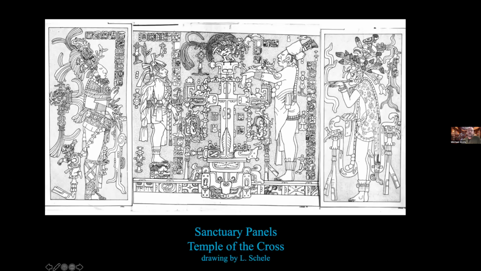So this is showing Linda Schele's drawing of the central cross, which is why it has the name Temple of the Cross. The cross, of course, we know now is an image of the jeweled world tree, the Ceiba tree that I know Carl Callaway has written about quite a bit. Over here in the West Sanctuary Jamb, you have an image that we'll talk about in a moment of K'uk Bahlam, who is actually shown repeatedly here as a child undergoing a particular ritual, and then later as an adult.